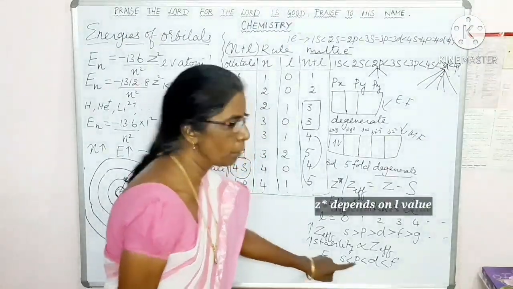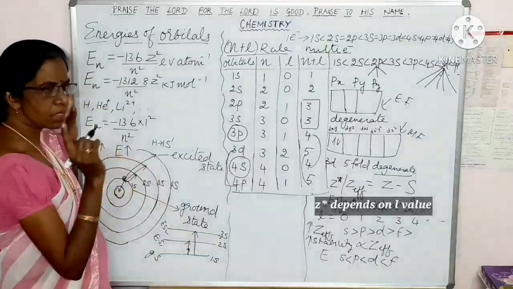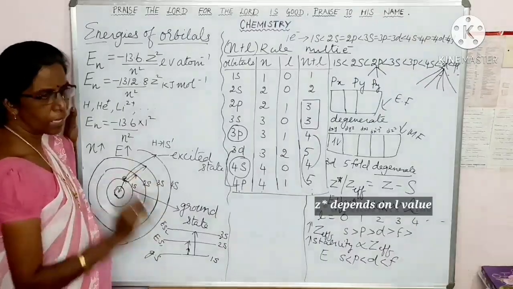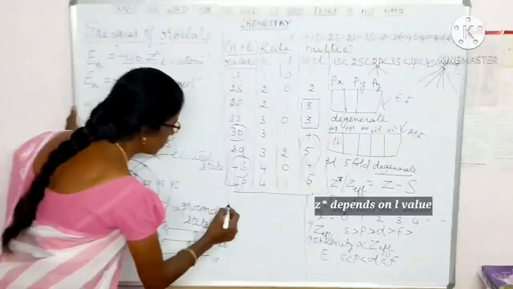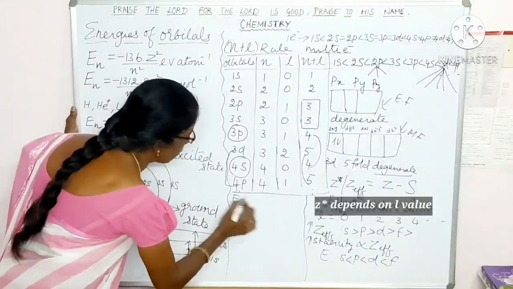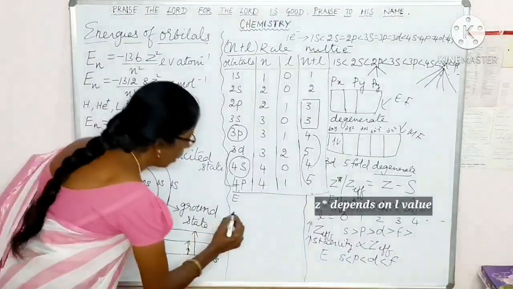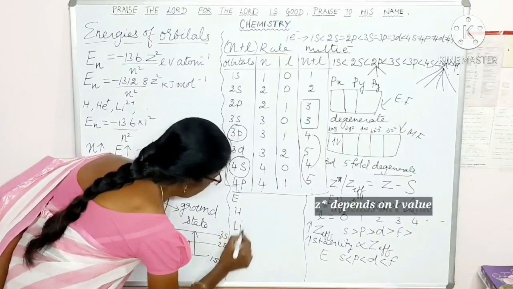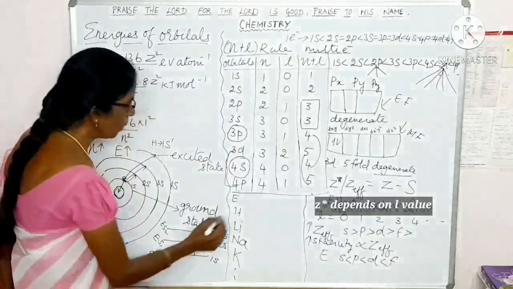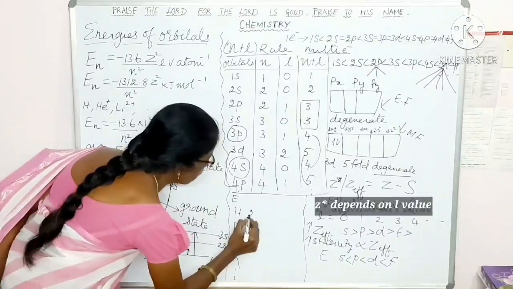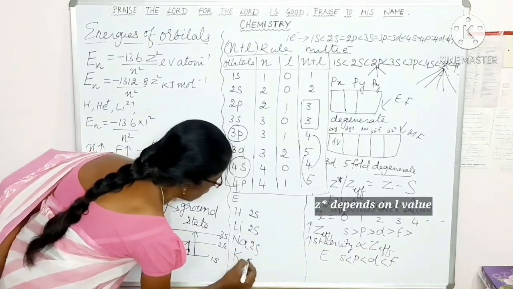Now, for a given shell, when you consider the same orbital, the energy will decrease as you increase the atomic number. What I said, energy of these same orbitals for a given shell. Now I am going to consider hydrogen, lithium, sodium, potassium, etc. Here I am considering 2s orbital, here also 2s, here also 2s, here also 2s.